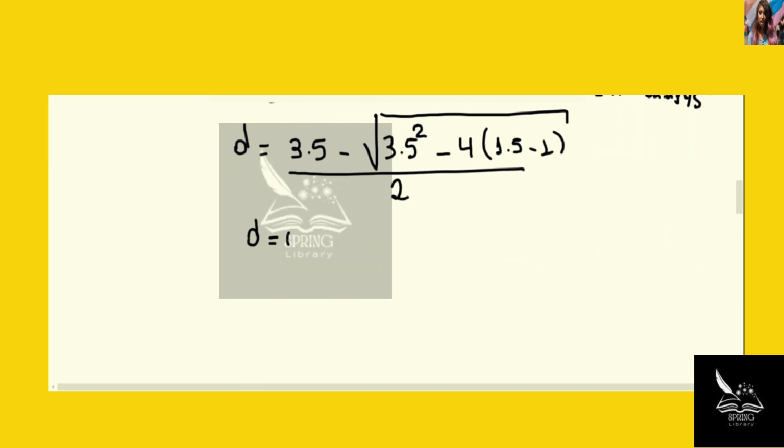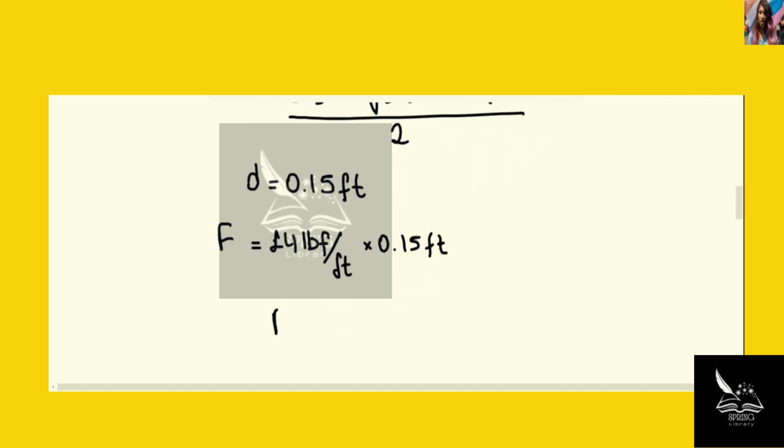So d is equal to 0.15 feet. So F, the force, is 14 pound force per feet times 0.15 feet. So the force F is equal to 4.9 pounds, which concludes our exercise.